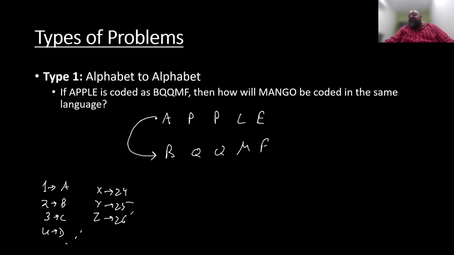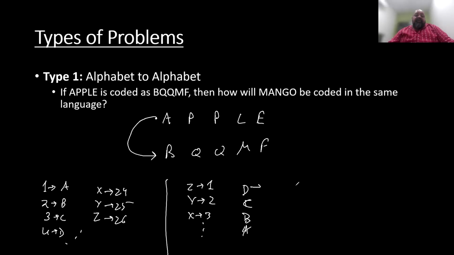These are the forward number values. I could also use backward number values, where Z becomes 1, Y becomes 2, X becomes 3, and so on. In this case, if I look at D C B A, D will be 23, C 24, B 25, and A 26.